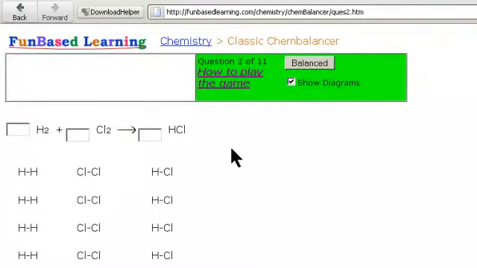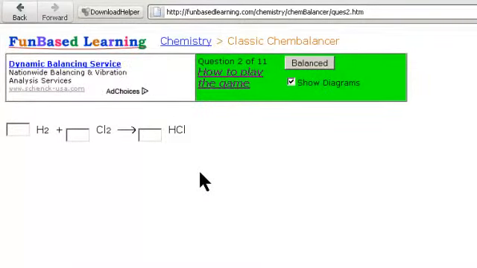We're going to do hydrogen plus chlorine gas to form hydrogen chloride, that acid. On the reactant side we have 2 hydrogens, but we only have 1 hydrogen in the hydrochloric acid on the product side. So we're going to use a 2 here.